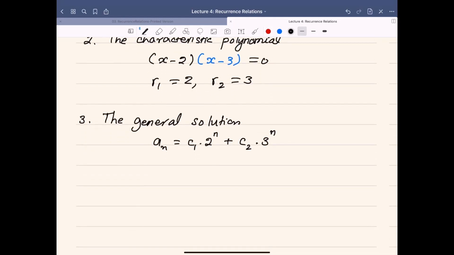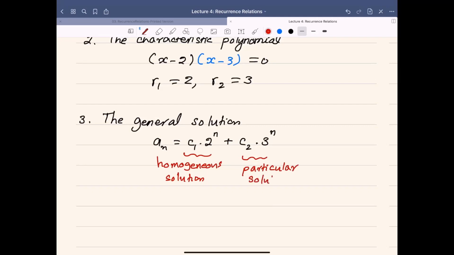So let us give those parts names. Now this part is responsible for the homogeneous solution. And this part, we will call it the particular solution, which is obtained from f of n.